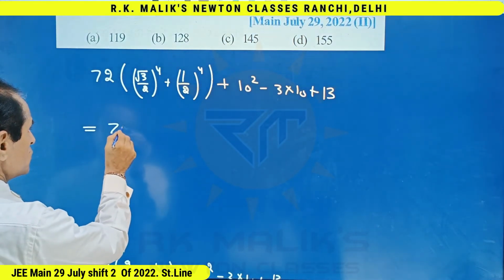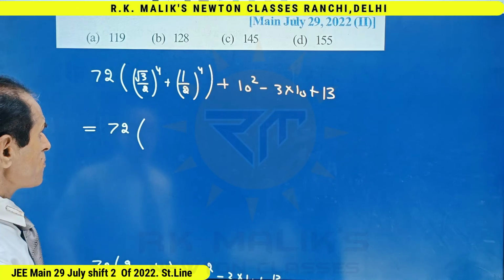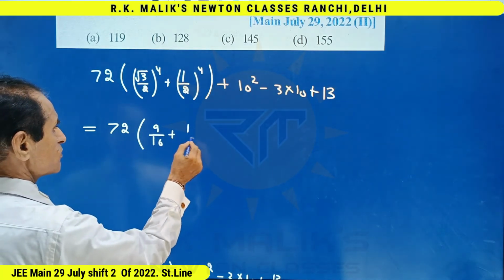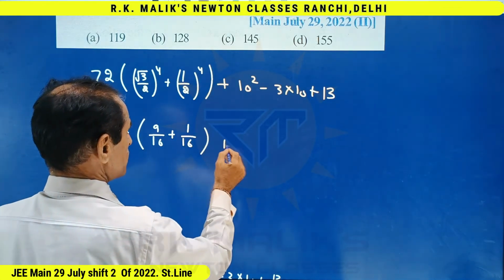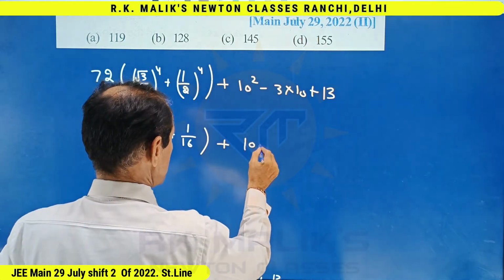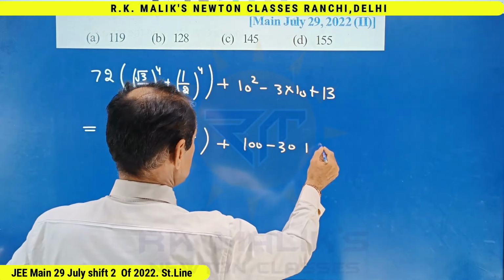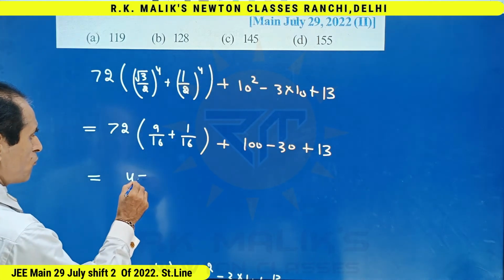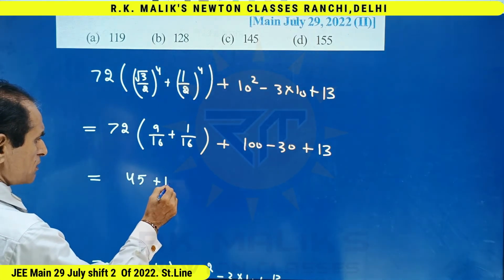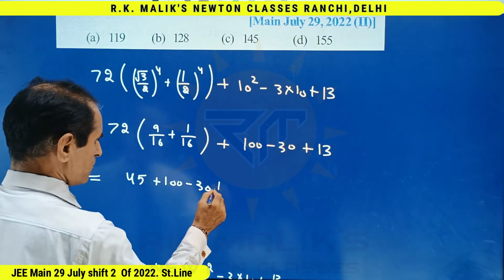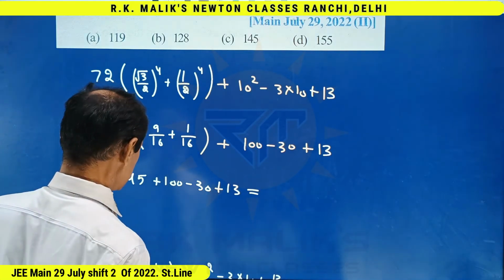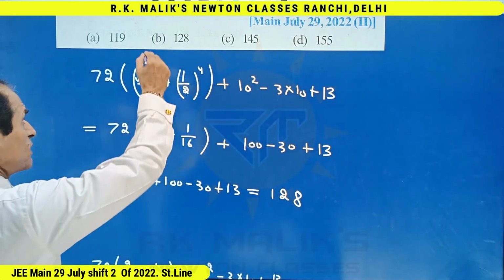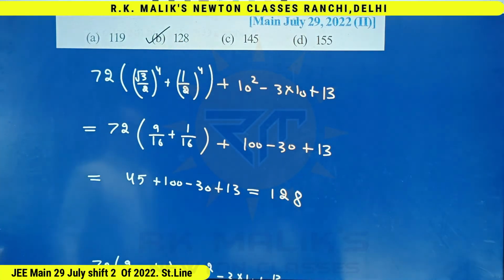This is equal to 72 into 9 by 16 plus 1 by 16 plus 100 minus 30 plus 13. This is equal to 45 plus 100 minus 30 plus 13 is equal to 128. Hence I can say B is the correct choice.